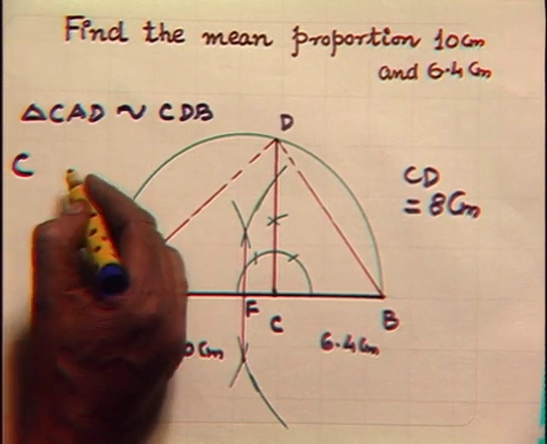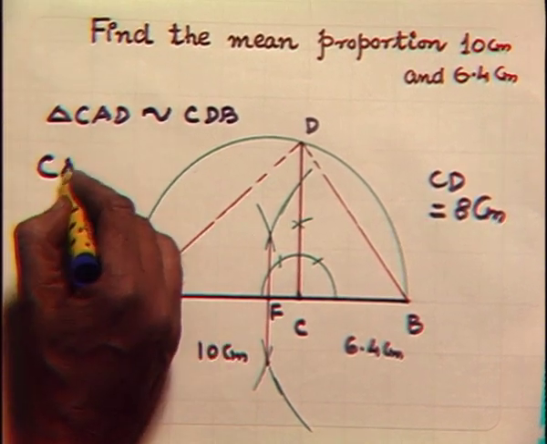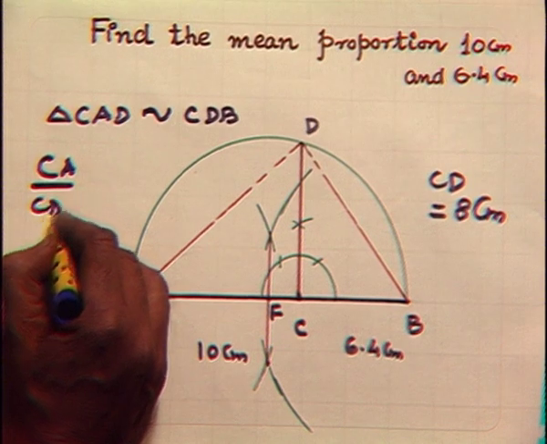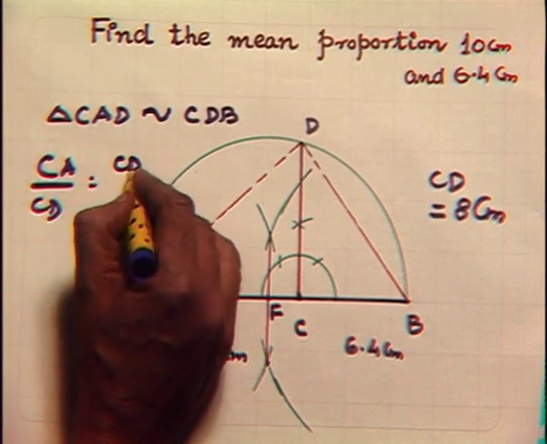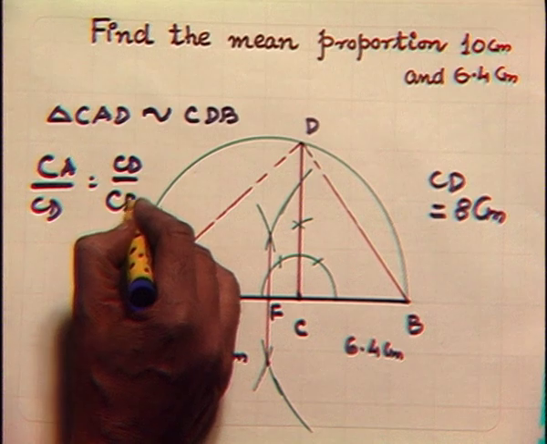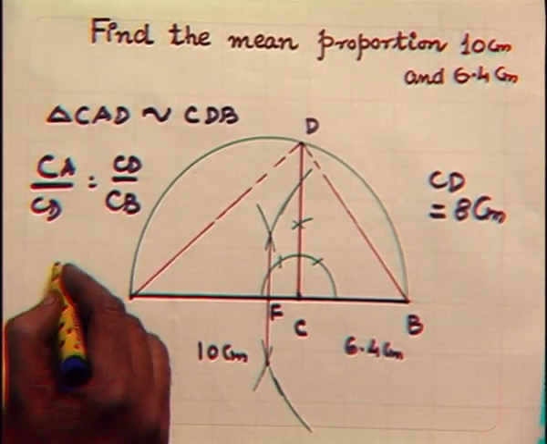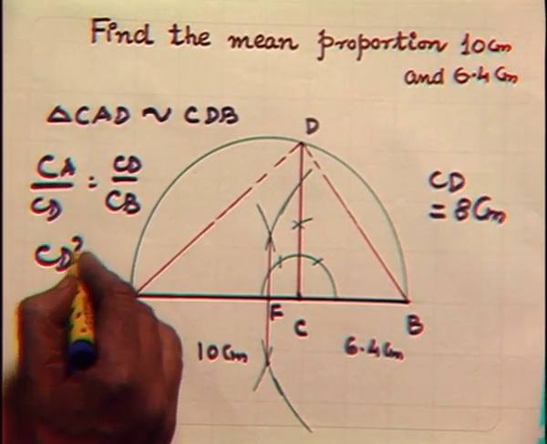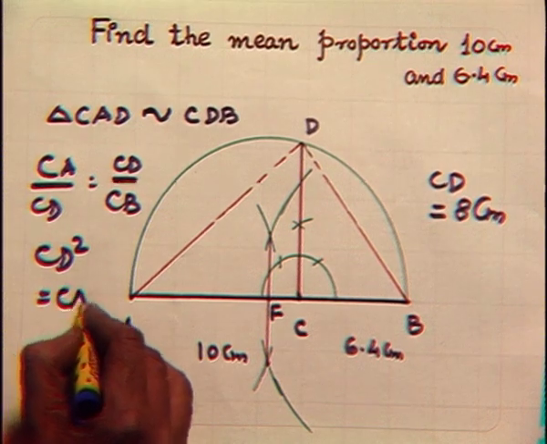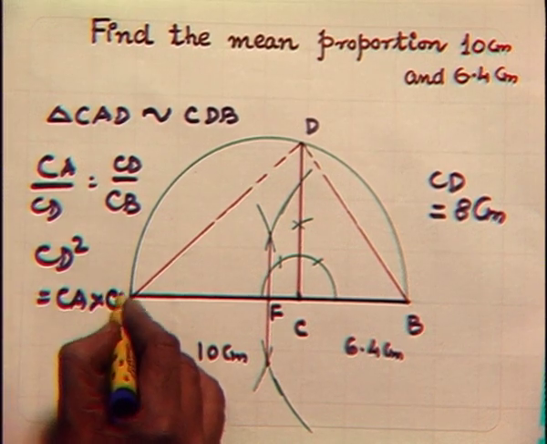So, therefore, CA upon CD will be equal to CD upon CB. If we cross multiply them, we get CD square equals CA times CB.